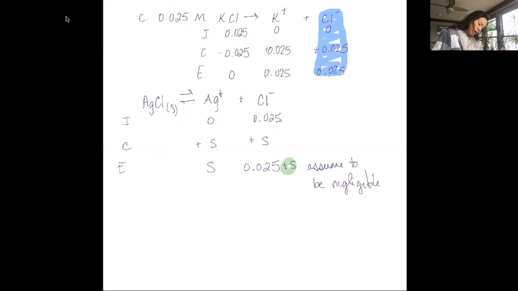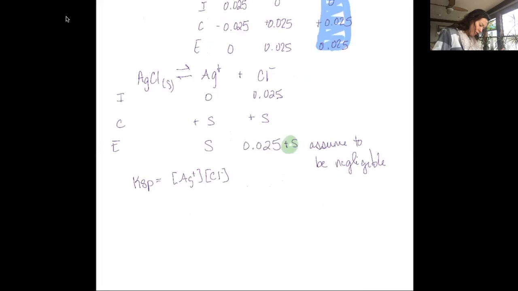Negligible, all right? And what we have here is our KSP is equal to the silver ion concentration, what we have defined it to be, times the chloride ion concentration. KSP, once again, is 1.58 times 10 to the negative 10th. Temperature has not changed. That is equal to S times 0.025. Solve for solubility.